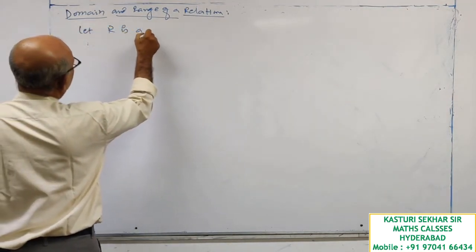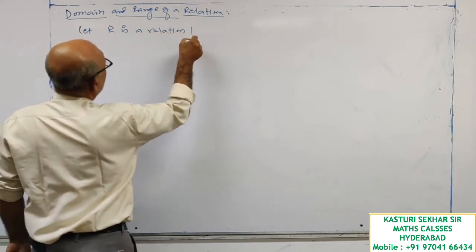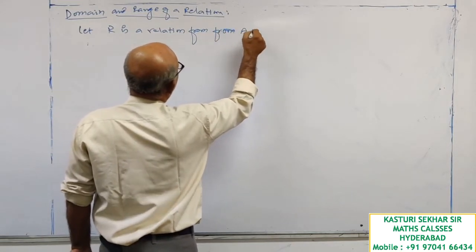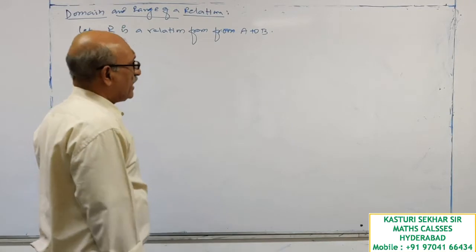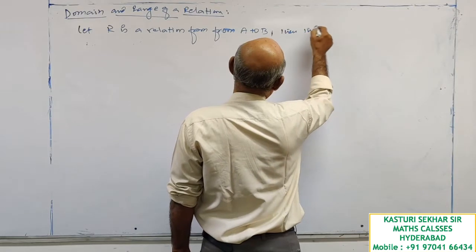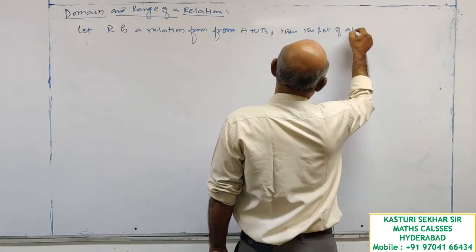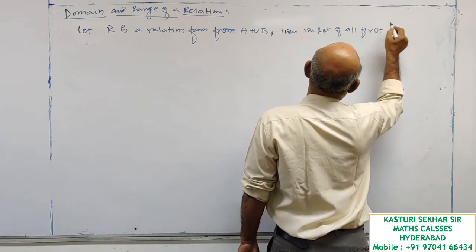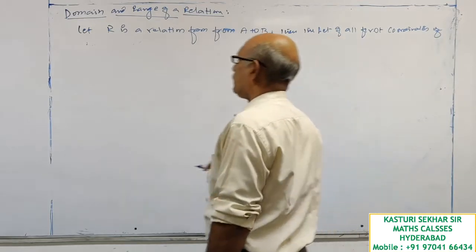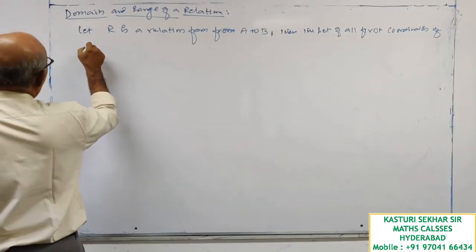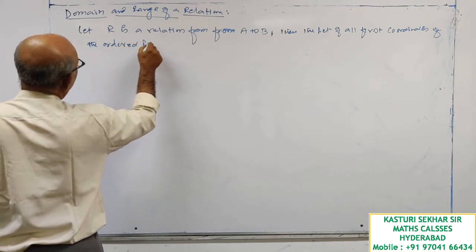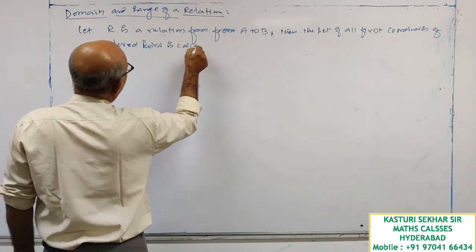Let R be a relation from A to B. Then the set of all first coordinates of the ordered pairs is called its domain.